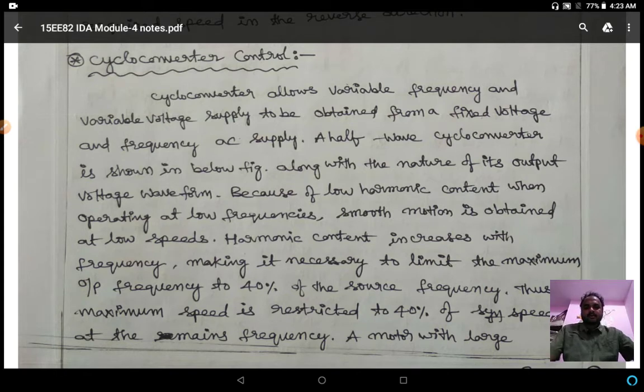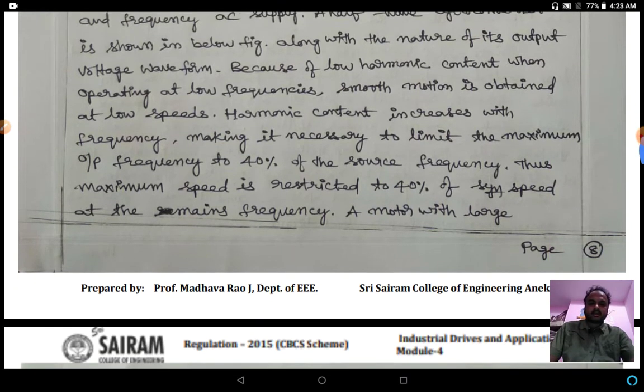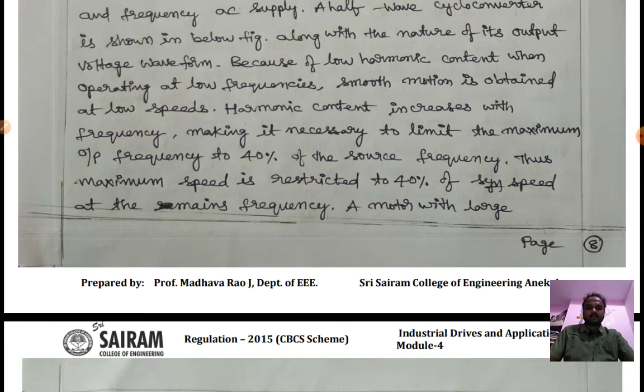Next, harmonic content increases with the frequency, making it necessary to limit the maximum output frequency to 40% of the source frequency. Thus the maximum speed is reached at 40% of synchronous speed at the mains frequency.